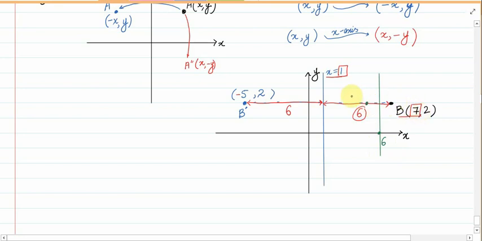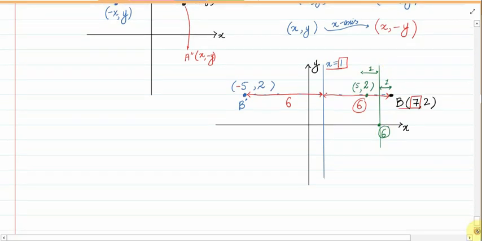The y coordinate remains the same, that is 2. The difference here is 1 unit, so that means the difference here should also be 1 unit. You are standing at 6, 1 unit to the left, that means you are standing at 5. So that is the answer. I hope that it is clear to you.